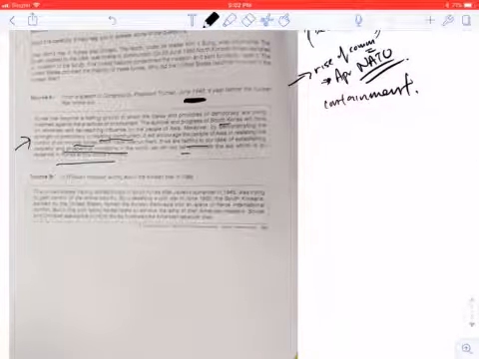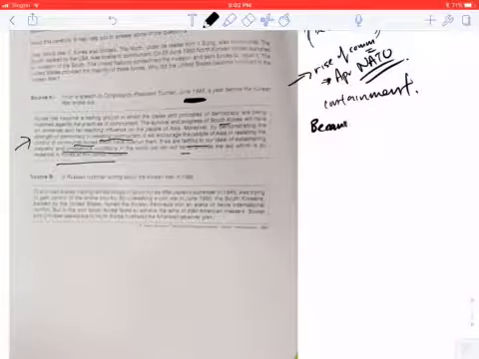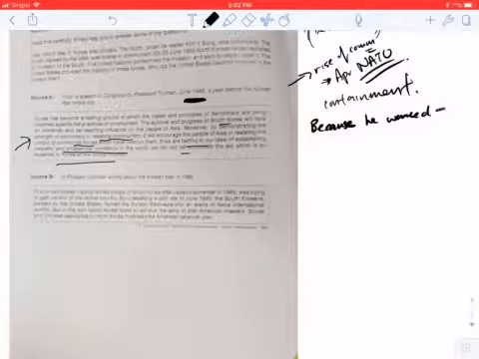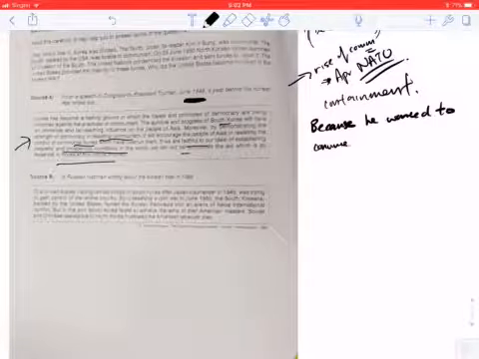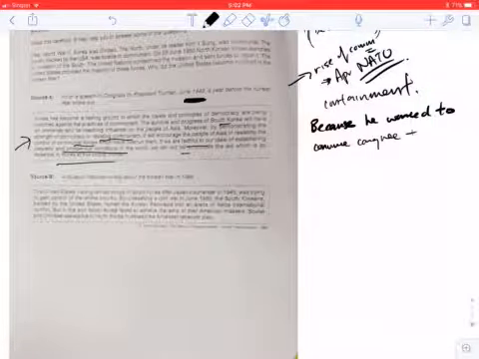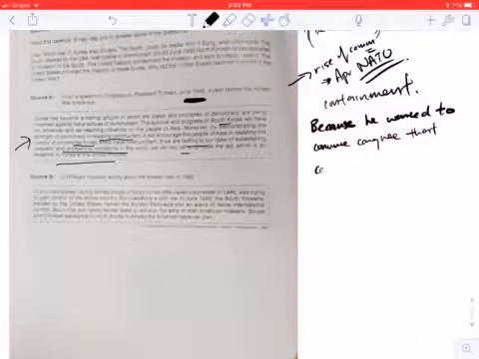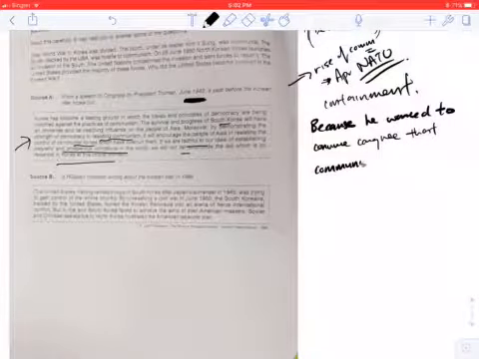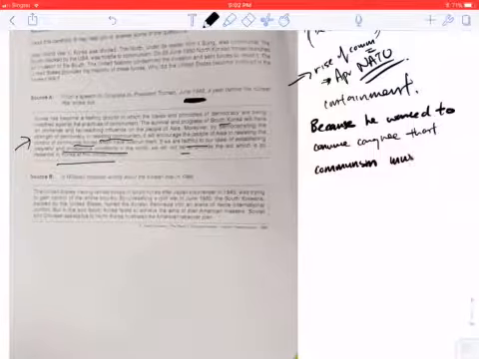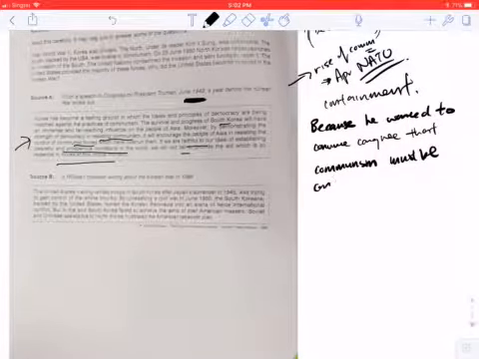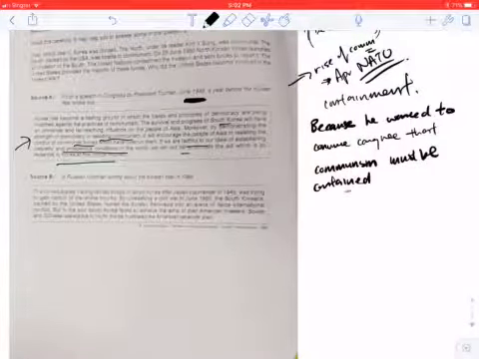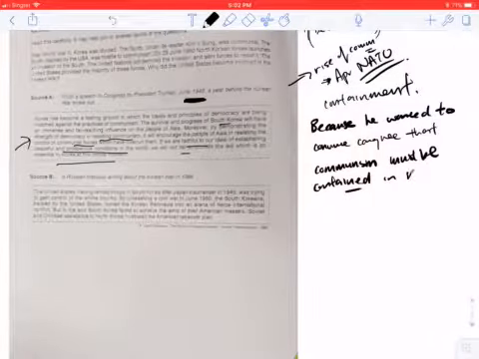So you can say that Truman said this because he said to Congress, right? So he wanted to convince Congress that, in own words, communism must be contained in Korea.